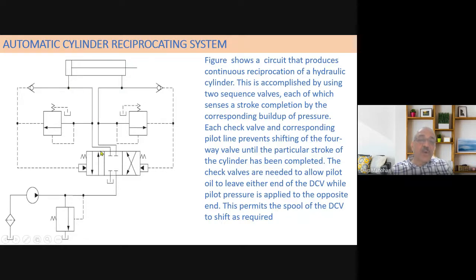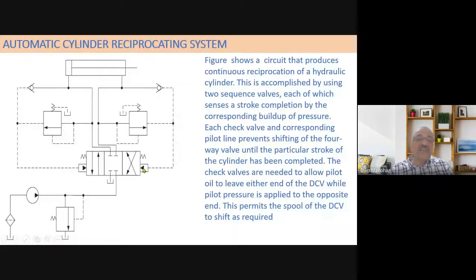When the cylinder stroke is complete, what will happen? The pressure here will rise. That pressure rise will affect this sequence valve. It will actuate the sequence valve here, and what will happen? The sequence valve is actuated and it will trigger the signal from this side.